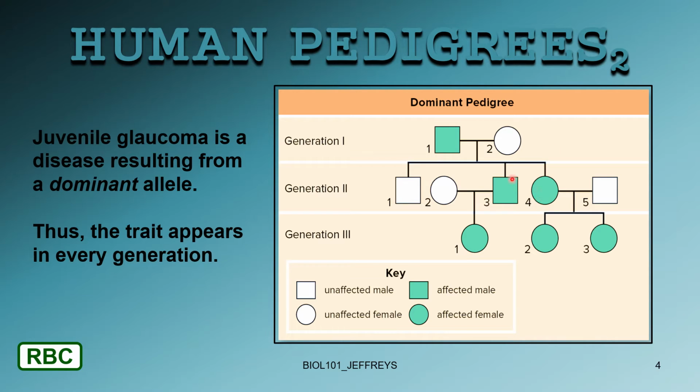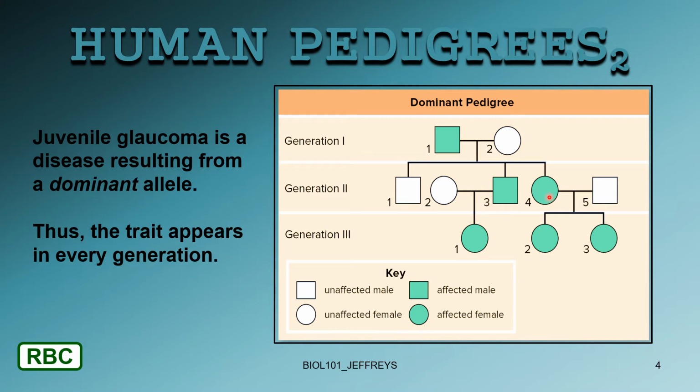And they had 1 boy who was unaffected, and they had another boy who was affected, in other words, expressed juvenile glaucoma, and their girl also was affected. Okay, that's how that works.